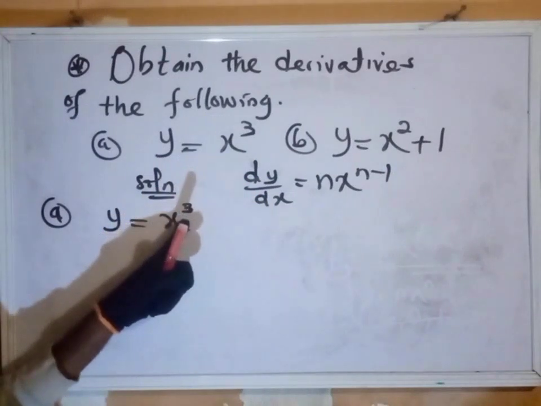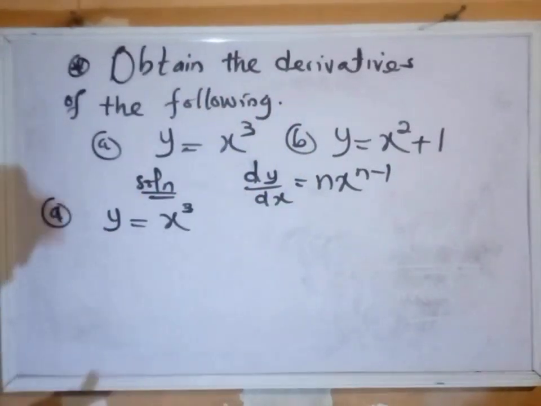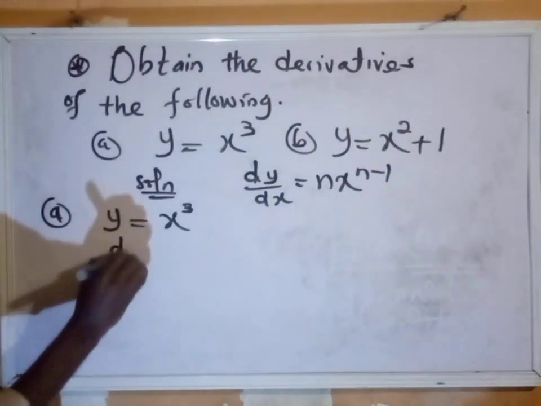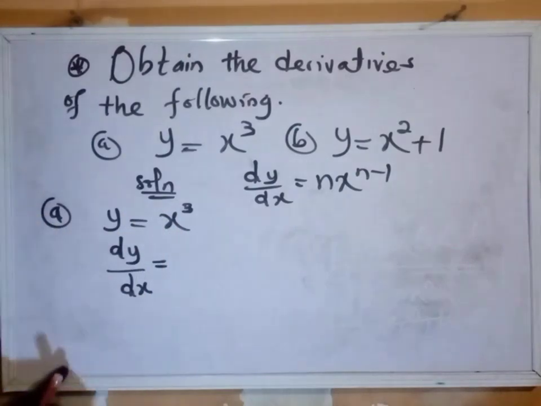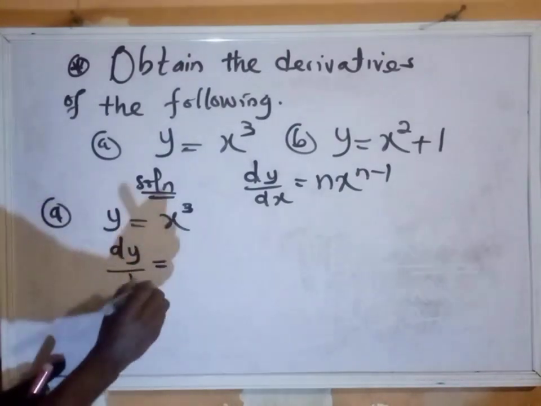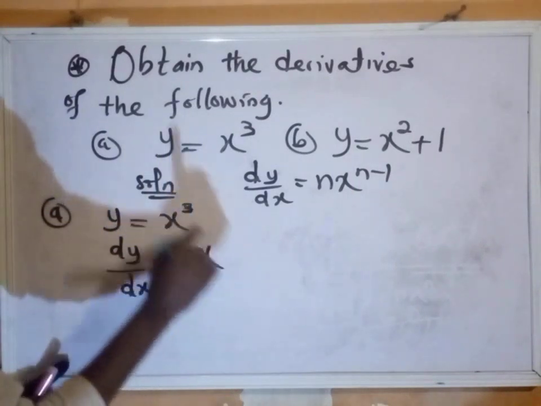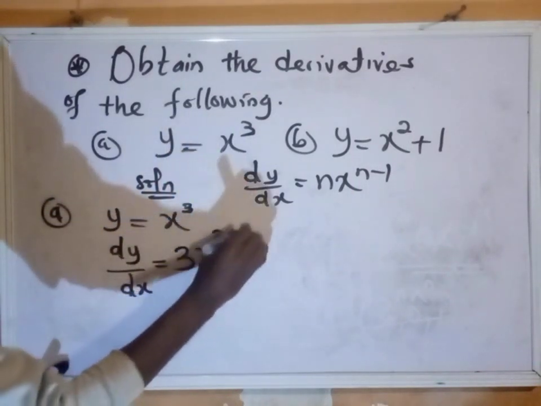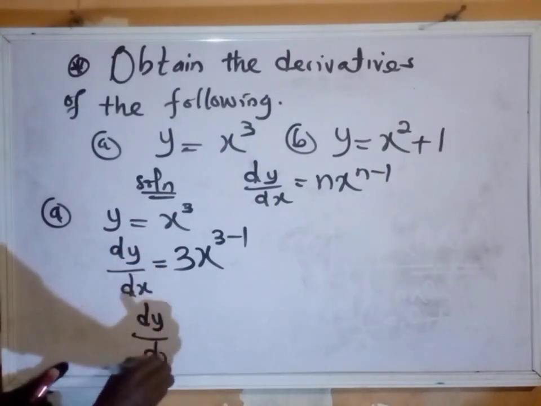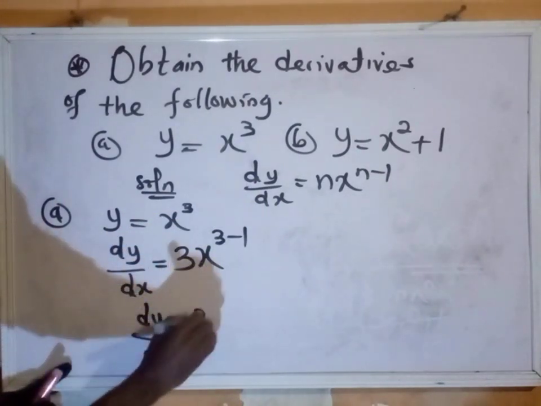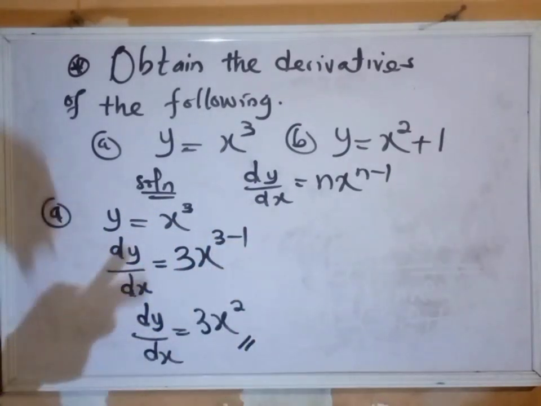If 3 here is the n, we take 3 back, then we subtract 1 from that 3. Therefore, dy over dx for this particular variable equals, take 3 back, we have 3, we write this x, then subtract 1 from this, so that is 3 minus 1. Here dy over dx equals 3x raised to the power of 2. So it means that you have differentiated this.